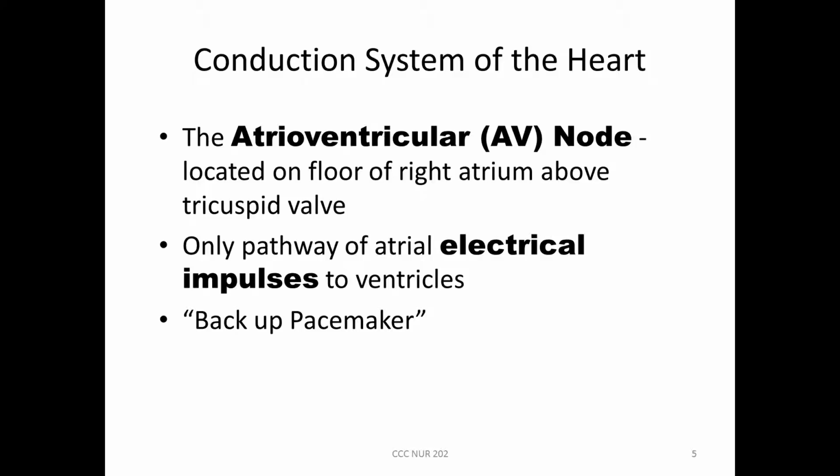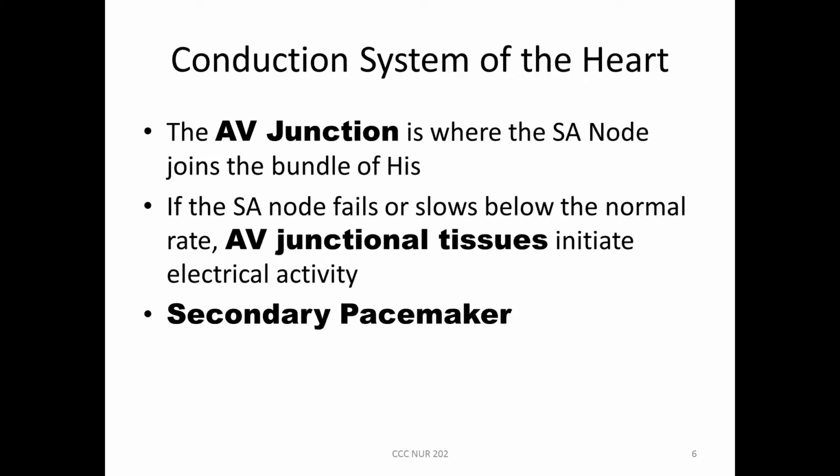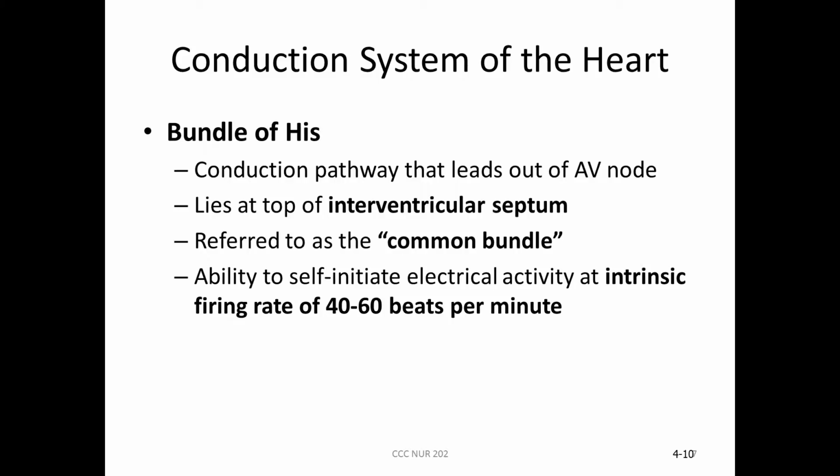It's very much a backup pacemaker. The AV node is where the SA node's impulse joins the bundle of His. If the SA node fails to fire or slows below the normal rate, the AV junctional tissue initiates electrical activity. So in that way, it's considered the secondary pacemaker.